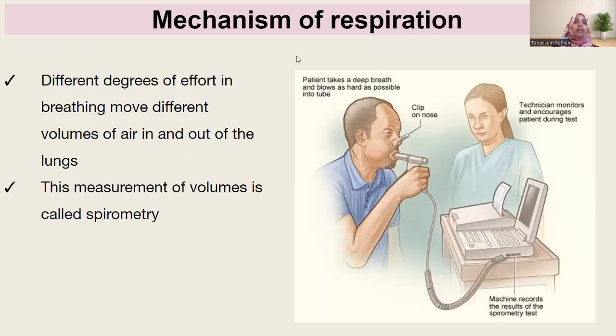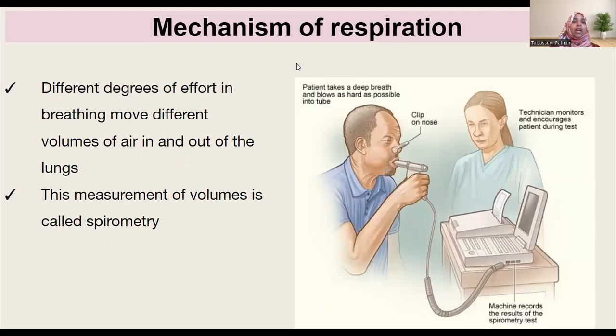For the exchange of gases to happen, various factors come into the picture: the pressure of the air inside and outside, the concentration of oxygen as well as carbon dioxide, the thickness of the membrane, and all that.